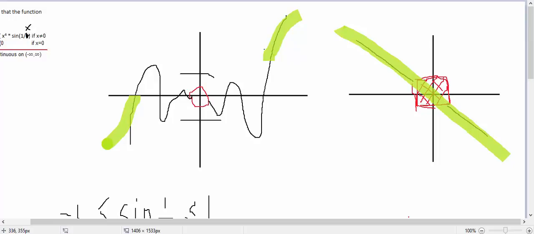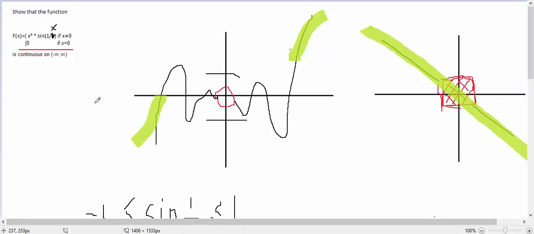It goes forever. And that tells us that this function is continuous on negative infinity and positive infinity. And that answers the question.